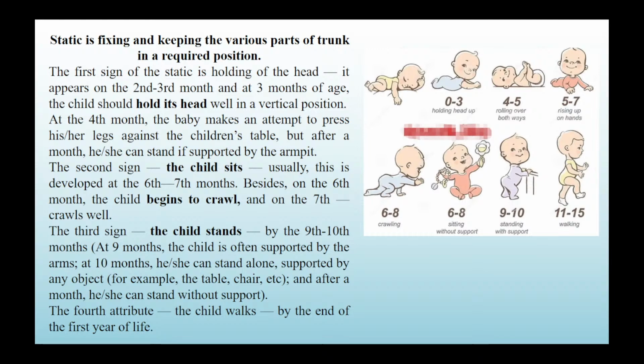At 9 months the child is often supported by arms. At 10 months he can stand alone, supported by any object, for example a table or chair, and after a month she can stand without support. The fourth attribute is that the child walks, by the end of the first year of life.